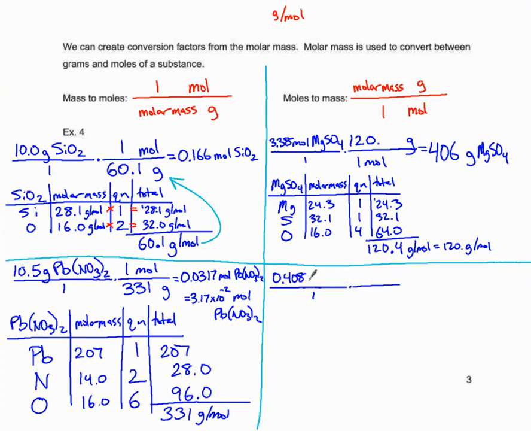I'll back up and erase that. 0.408 moles of PCl3, and we want to know what is the mass in grams of the sample. If we had a sample that we know is 0.408 moles, we should be able to put it on a balance and expect this amount. And so what is that amount? And so this is what we're looking for.